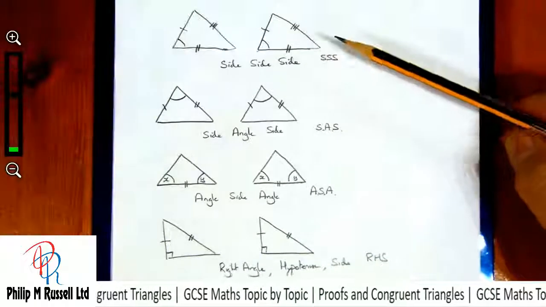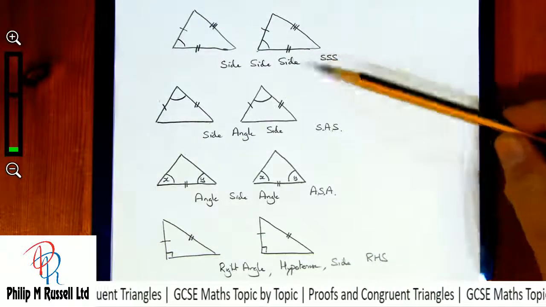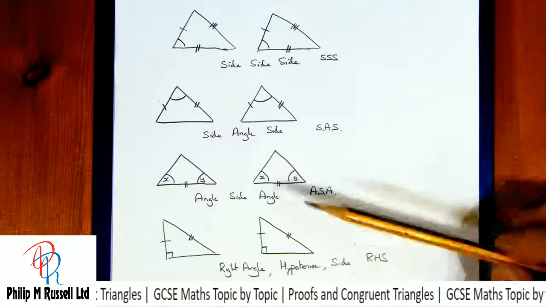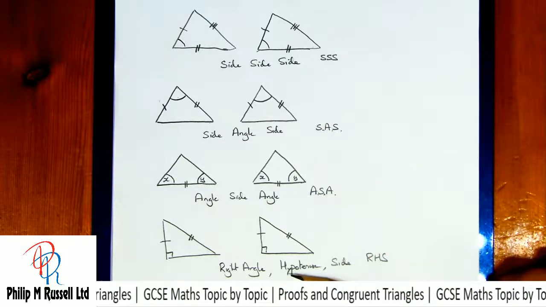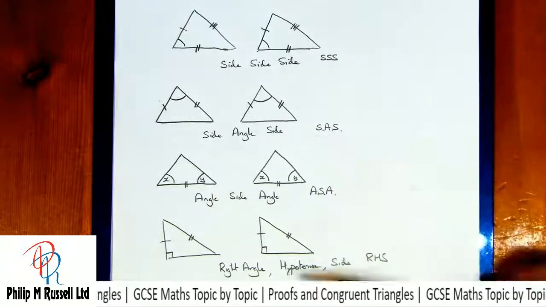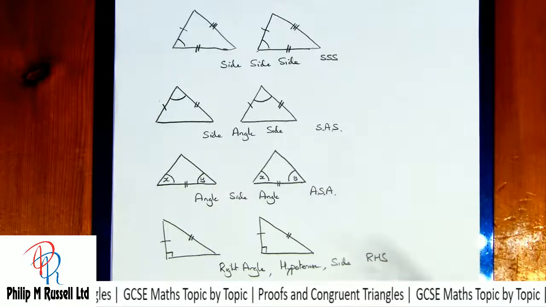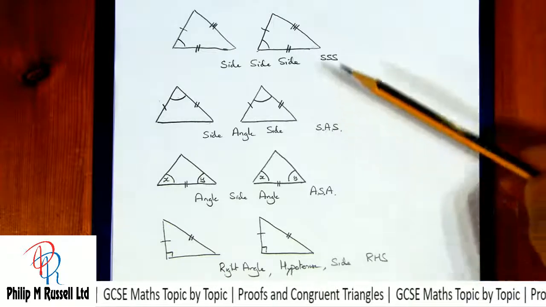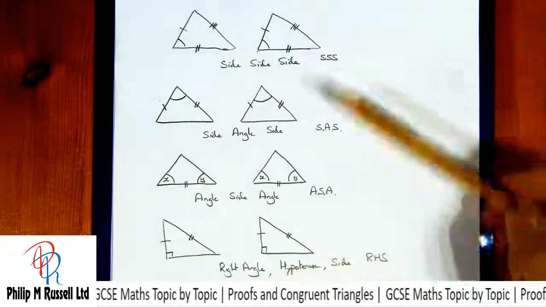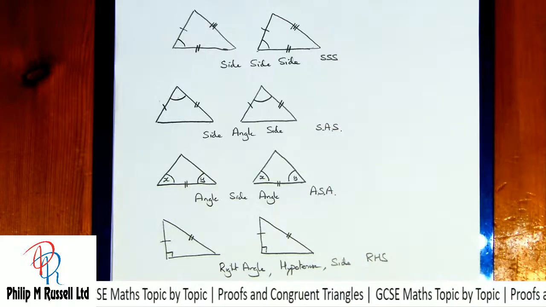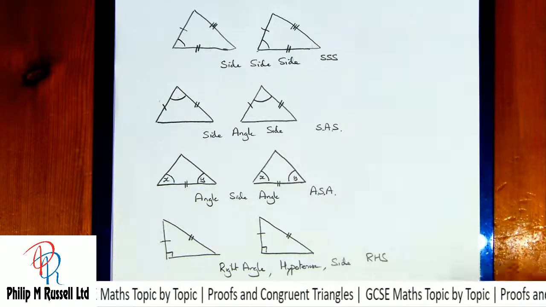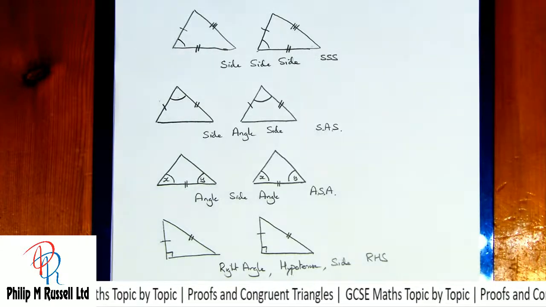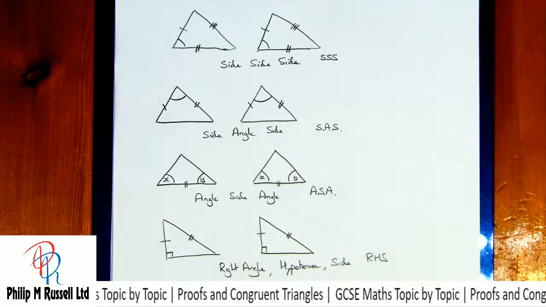So we've got side, side, side, side, angle, side, angle, side, angle, and right angle, hypotenuse, side. And these 4 ways we can use to prove that 2 triangles are identical, congruent, and then we can also use that to prove things like the circle theorems.